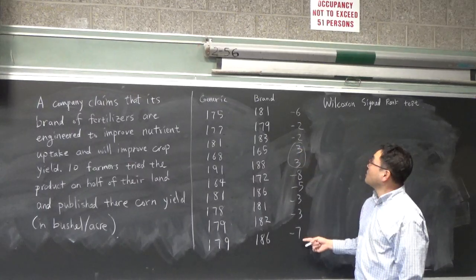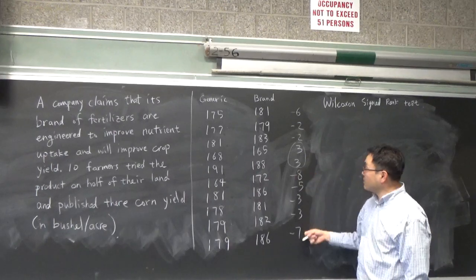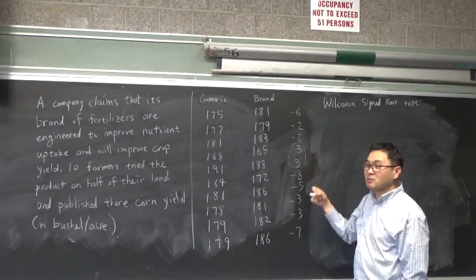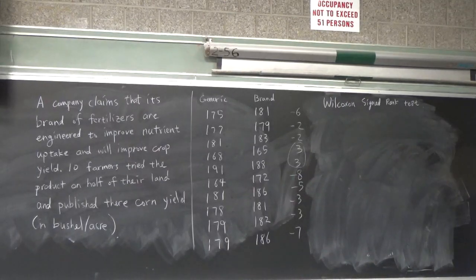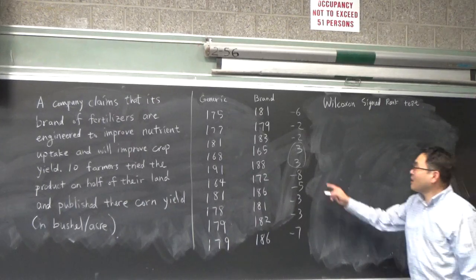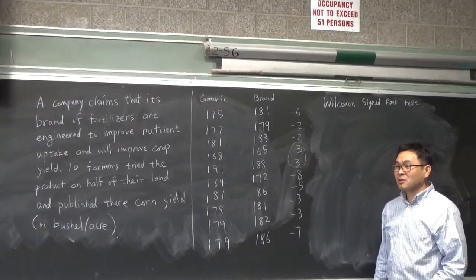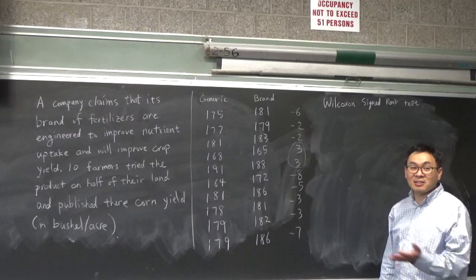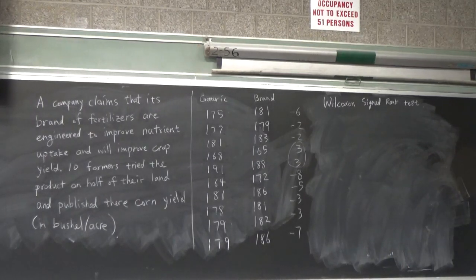If you see the entire data, there are some negatives that are very negative, like -8, -7, -6, whereas this 3 is positive but not very positive. So you might think, well, in the sign test, you're not really looking at how large something is and how negative something is. Maybe if you include them, you might have a better test. And that's exactly what the Wilcoxon signed rank test is doing.